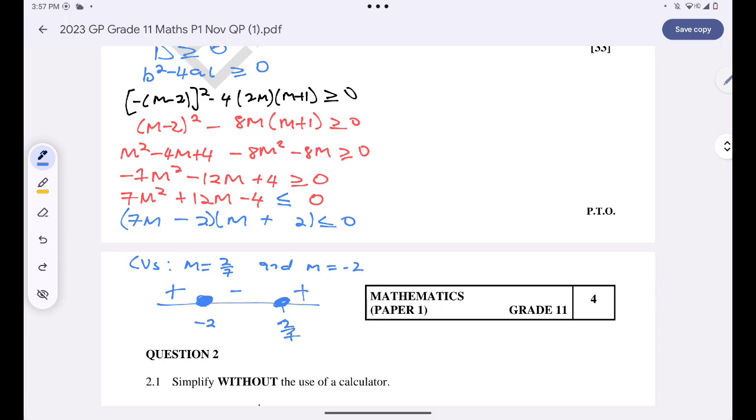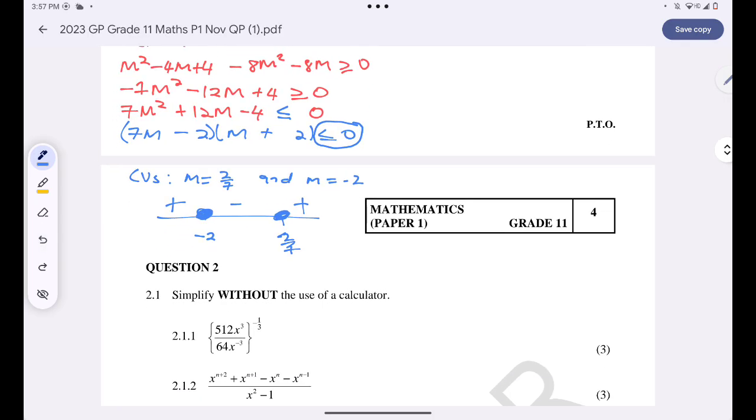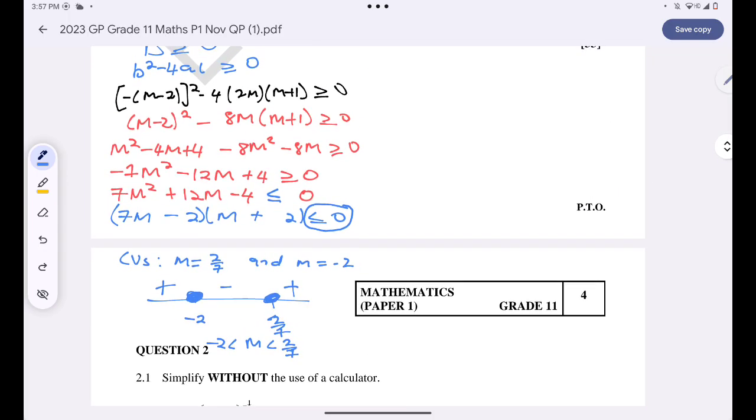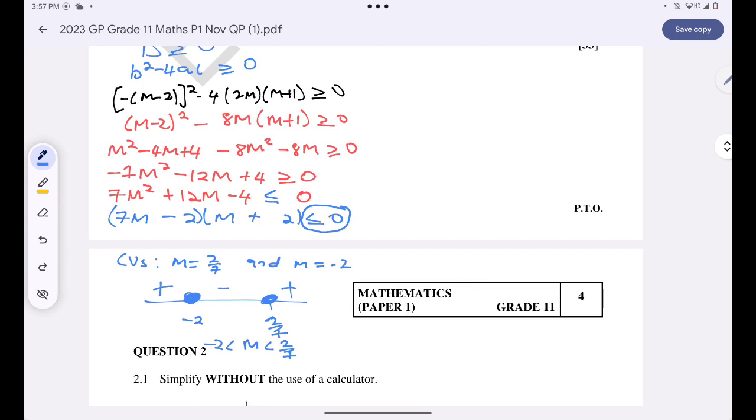Okay, I'm looking for the values of m that will give me a negative answer. There's only one negative region in my number line, and I can only find that when m is between negative 2 and 2 over 7. Negative 2 and 2 over 7.